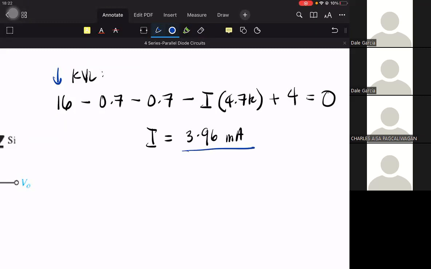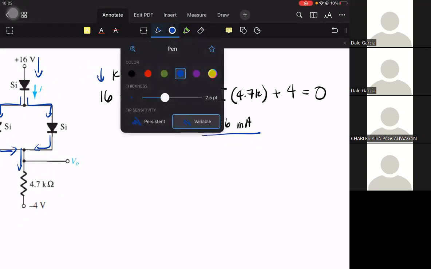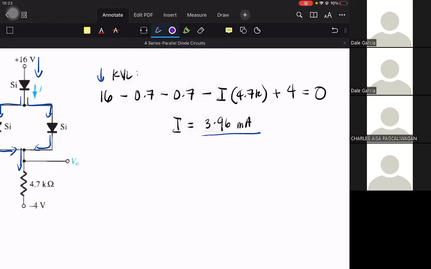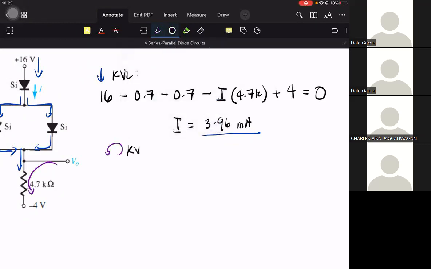For VO, the same as usual, we just apply KVL, following the directions. So VO minus 3.96 times 4.7 plus 4.